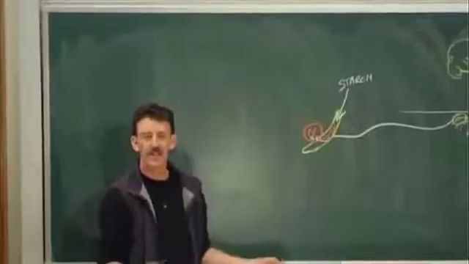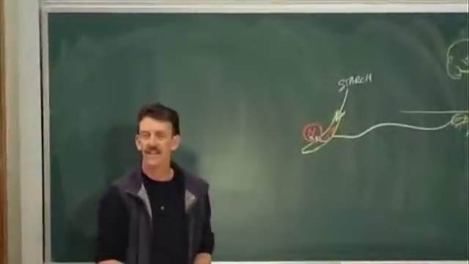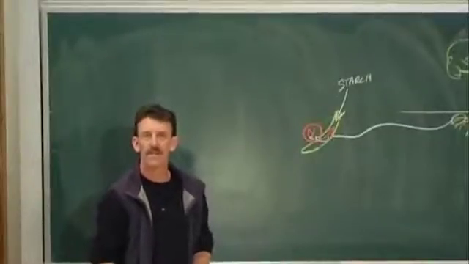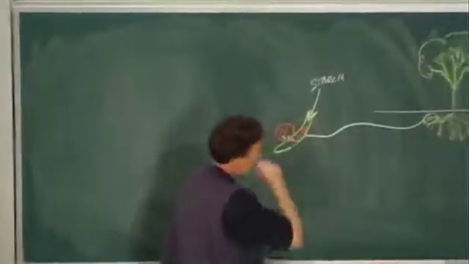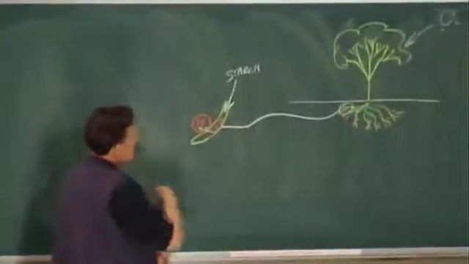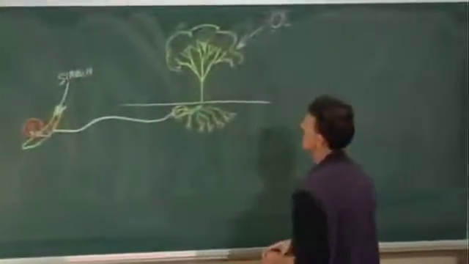So there's this exchange. In natural systems, there is no give without take. There's no take without give. It goes both ways. And so there's this partnership going on in the soil.